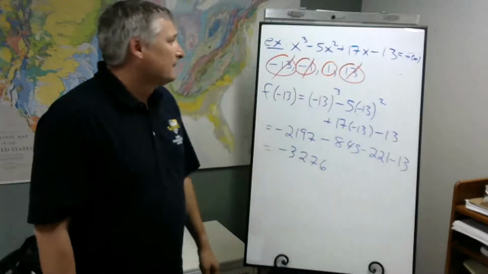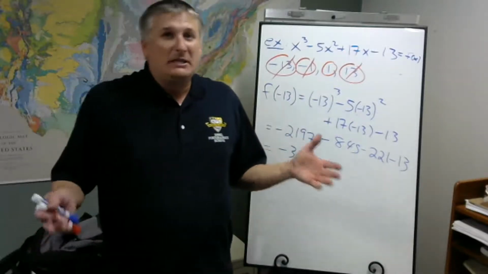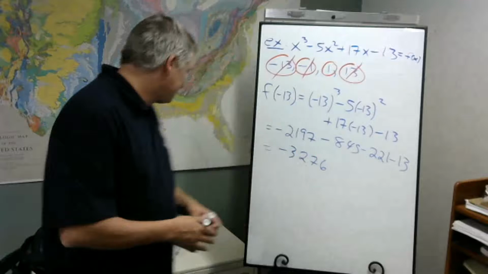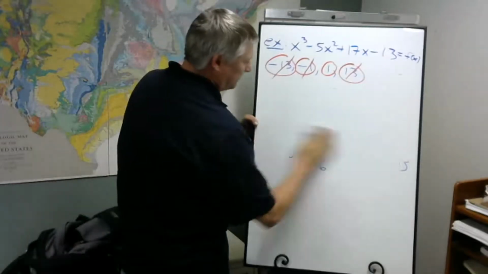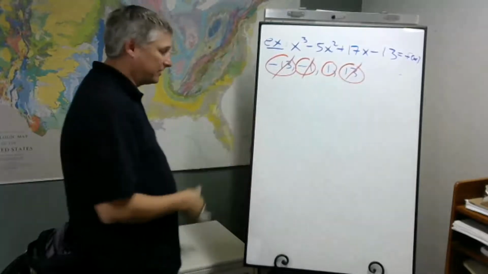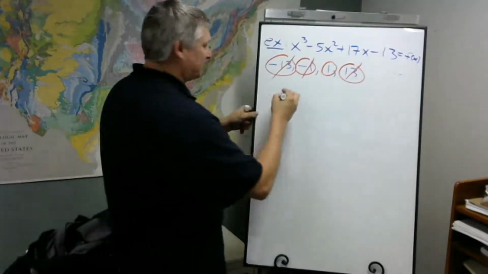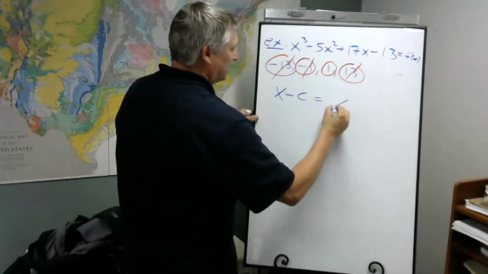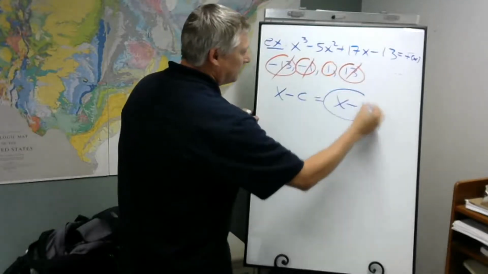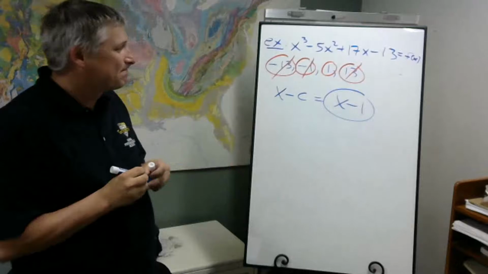So sure enough, we tried all the candidates for 0, and only one of them worked. So sure enough, our initial hint was correct. Well, let's go with that. So what does that mean? Well, what it means is that we figured out one factor. And of course, the way we do our factors, x minus that 0, or x minus 1, is our factor.